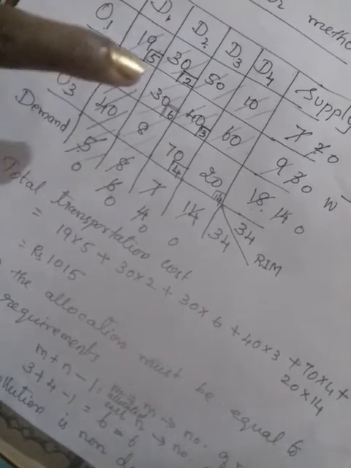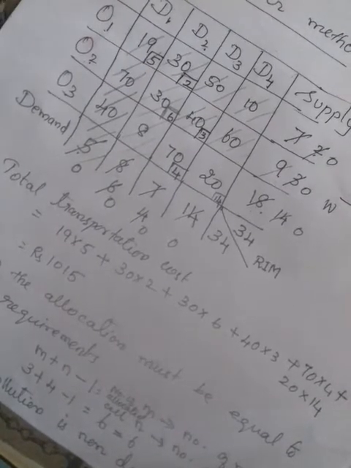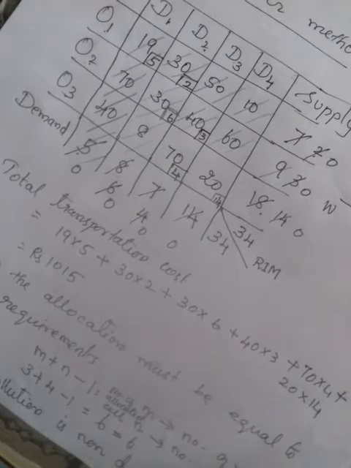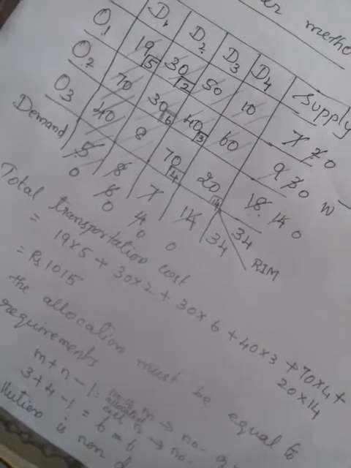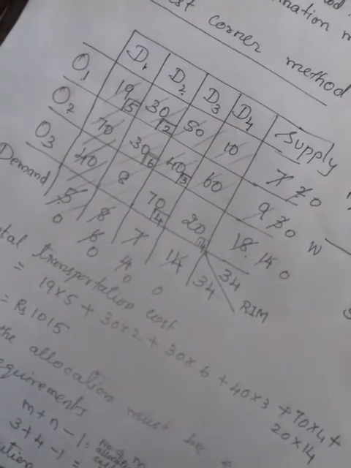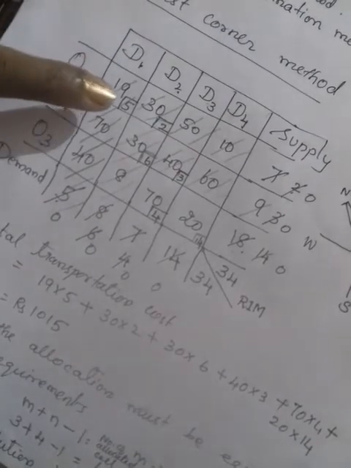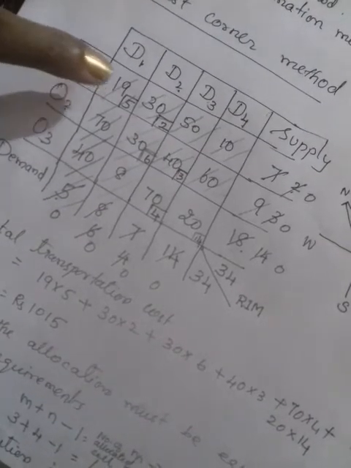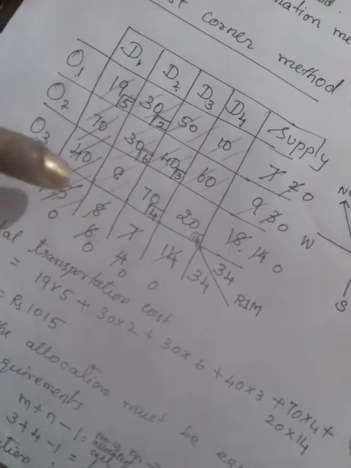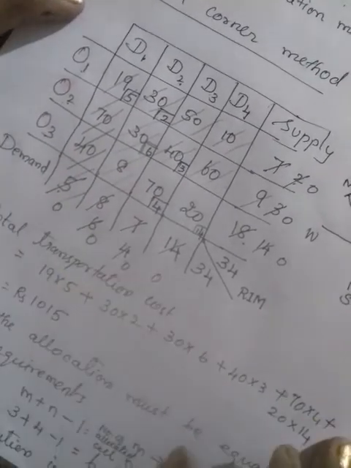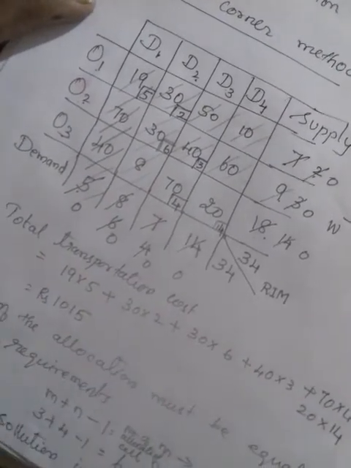Then you take the topmost left corner cell and start allocating similarly. After that you take the allocated cells and multiply. We have 6 allocated cells, you multiply and add. You will get the total transportation cost.